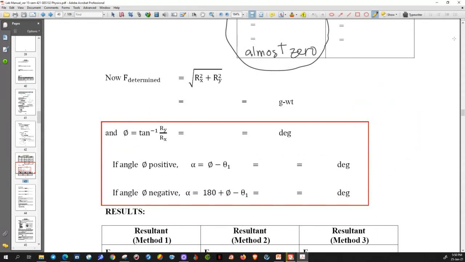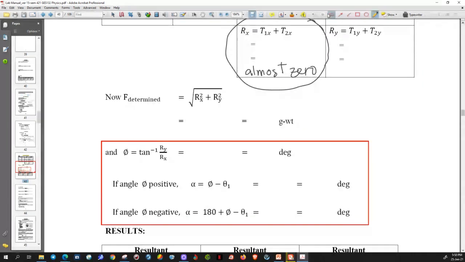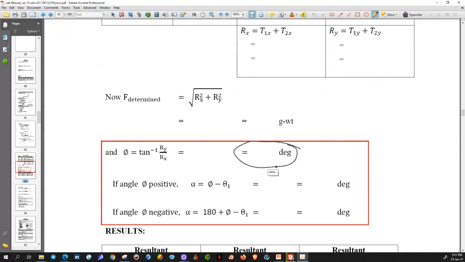How? You get Rx and Ry from this table, that's your Ry and that's your Rx, and substitute here and here. Once you have substituted Ry and Rx, you will get the value of phi in degrees.